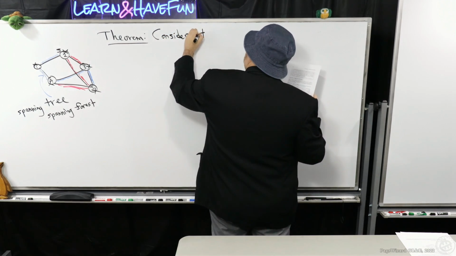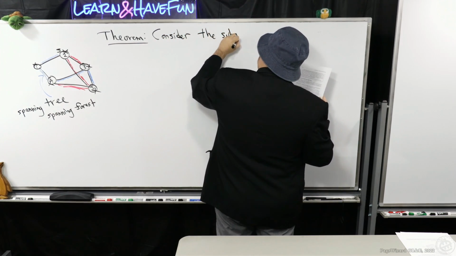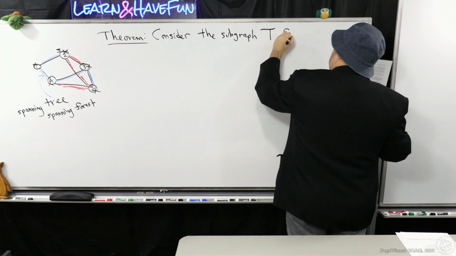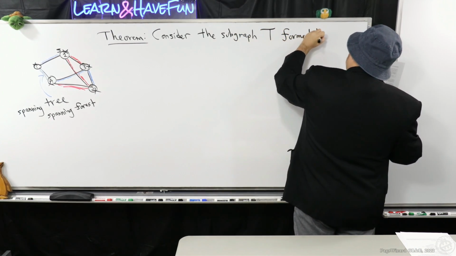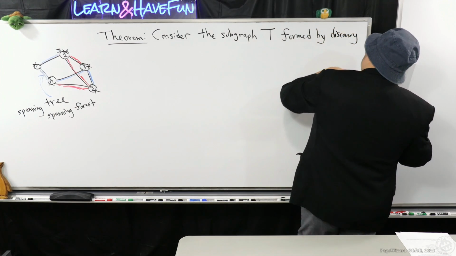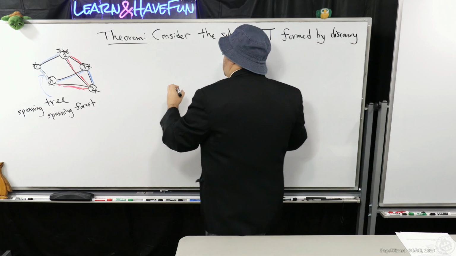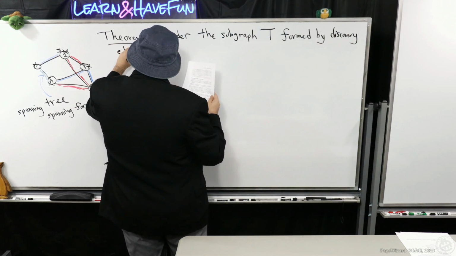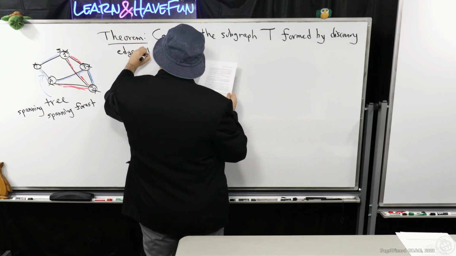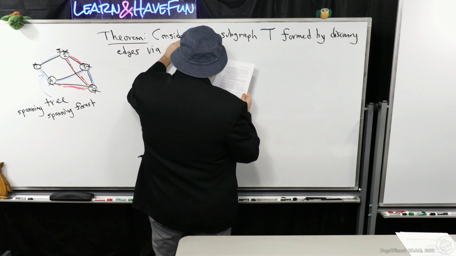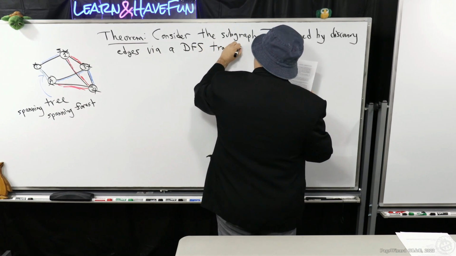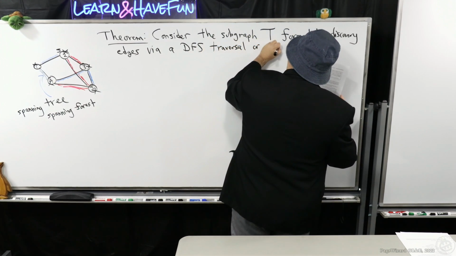So consider the subgraph T formed by discovery or forward edges, whichever terminology you'd like, via a DFS traversal or a BFS traversal.